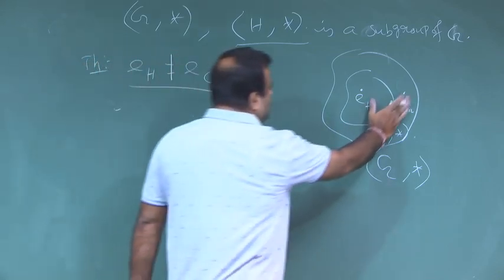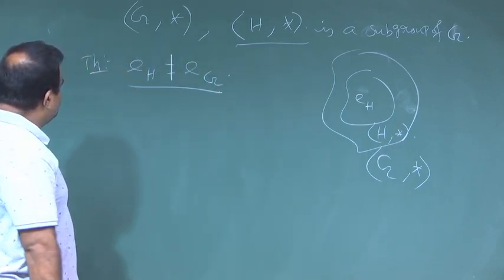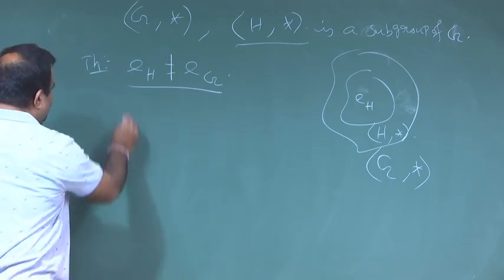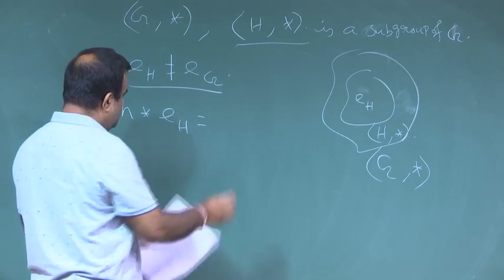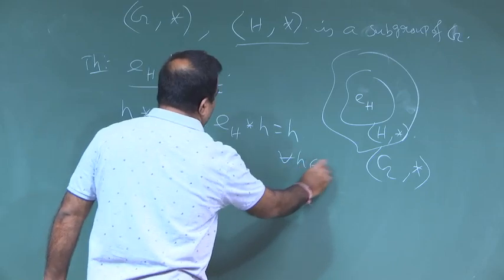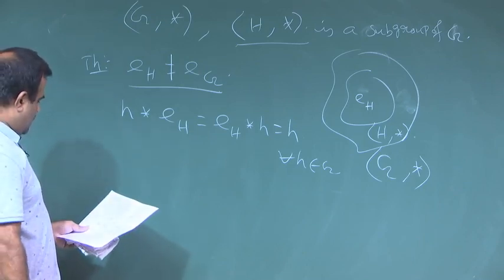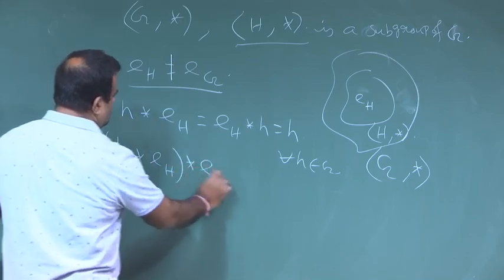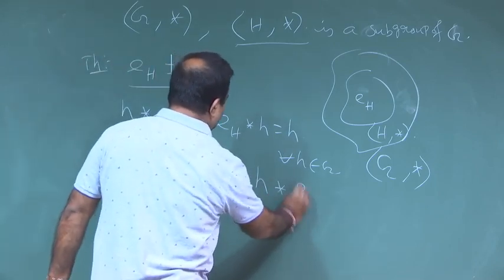So, we have two different identity elements. Now, we know E h is the identity element of H, so we can say h star E h is equal to E h star h, which is basically h, and this is true for all h. Now, if we apply both sides by E g, which is basically h star E g.